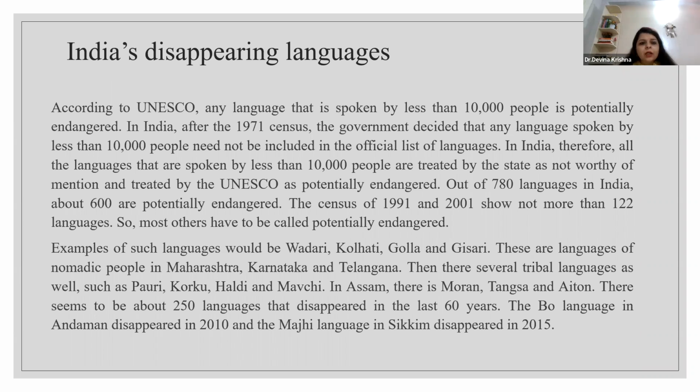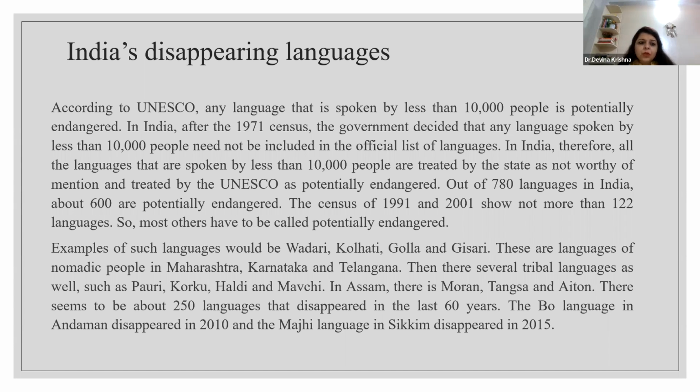Again, this is the scenario of India's disappearing languages. The UNESCO report says that any language spoken by less than 10,000 people is potentially endangered. Even after the 1971 census, which is quite old, the government decided that any language spoken by less than 10,000 people need not be included in the official list of languages.